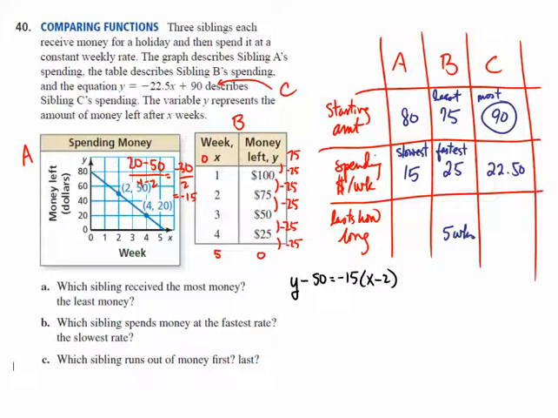Now, if we wanted to, we could just set the y equal to 0 there. That would be the easiest way for us to find this out. Y is equal to 0. Or we could find an equation and then set y equal to 0, but this is just as good.